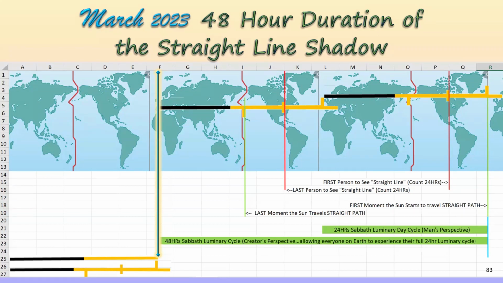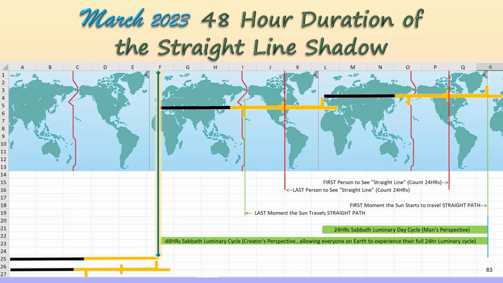But the most extreme example of that is the person who actually lives directly on the right and directly on the left of the place that time actually began. But they still need their full luminary cycle to experience it. And so, that's just the interesting phenomenon, to realize that the Creator is there.